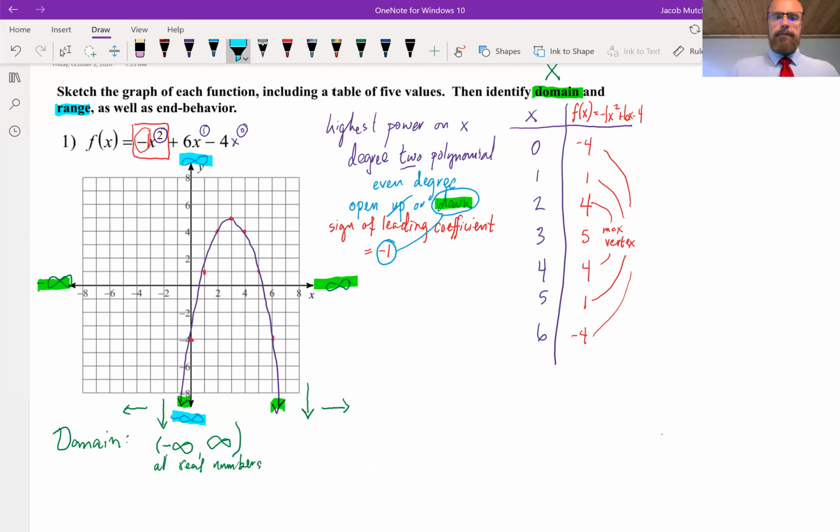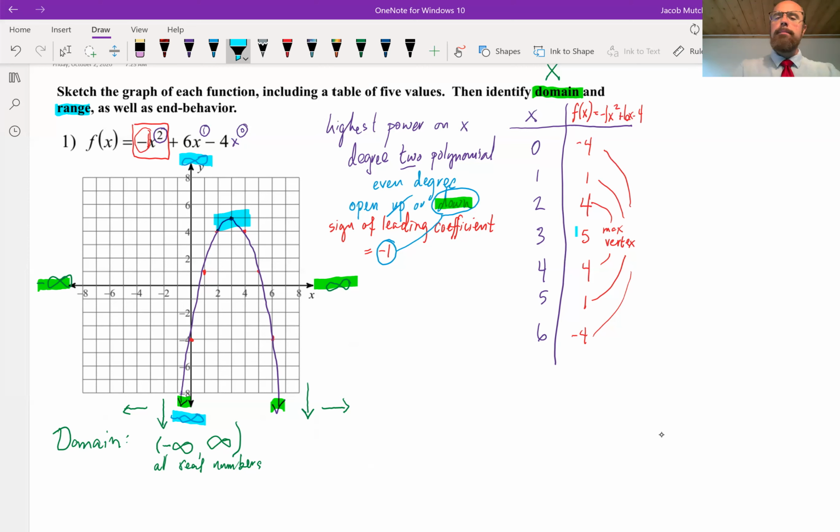Now, for an even function like this, an even degreed function, I'm going to have a cutoff point. And where it is at the vertex of the function. So if I was just to identify it on the graph, I'm really going to kind of focus right there for my range, one of the extremes for my range. Now I can find that y value in my table.